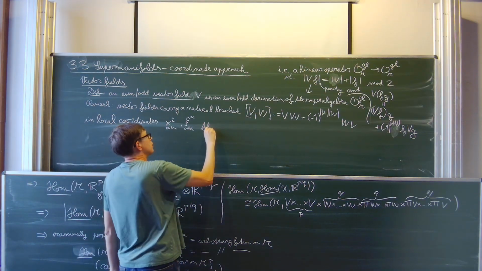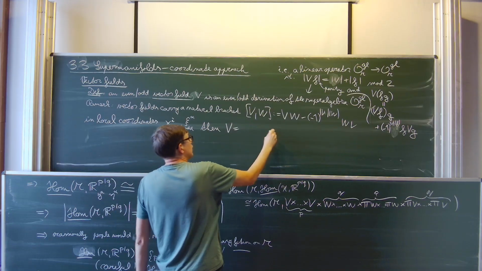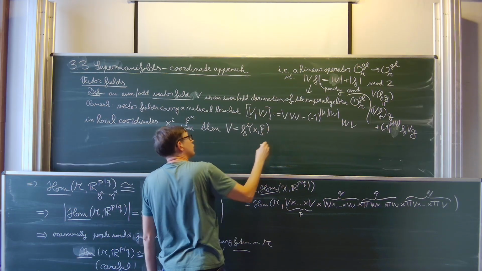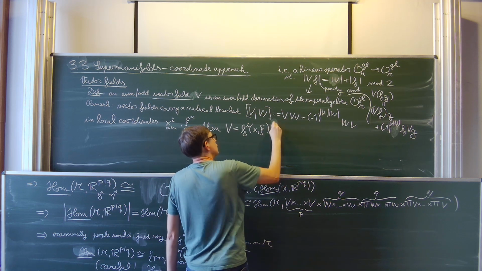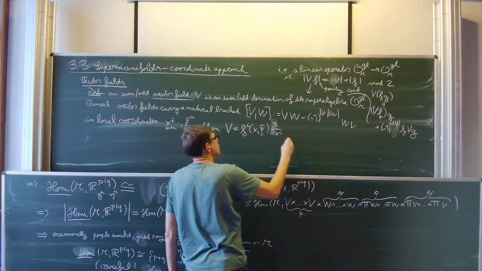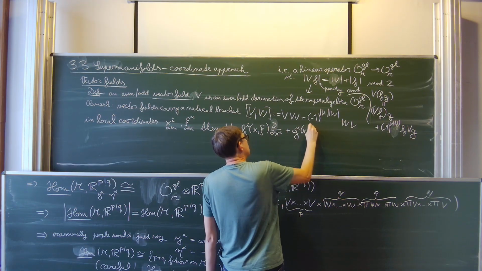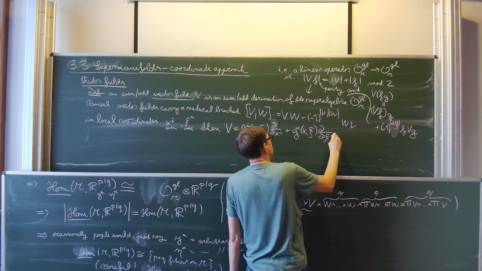Then vector fields will simply look as follows. You can imagine some coefficient functions depending on the coordinates, and then there will be partial with respect to x^i, and partial with respect to theta^alpha.